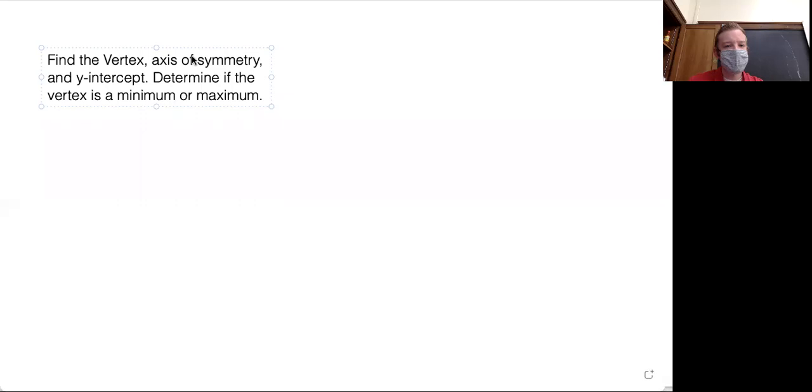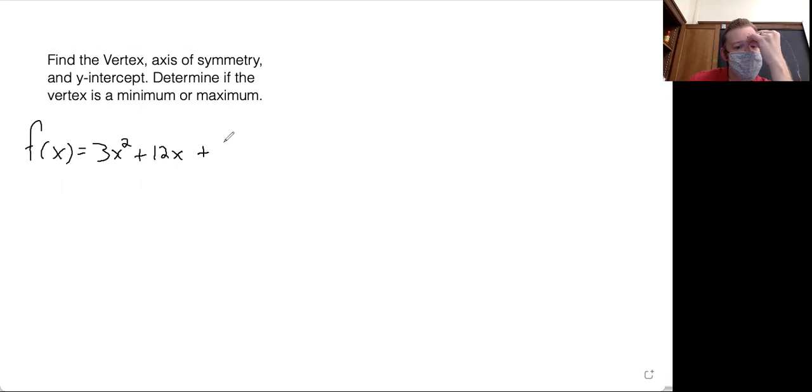And then we are going to have this equation right here. Let's have f(x) = 3x squared + 12x + 17.